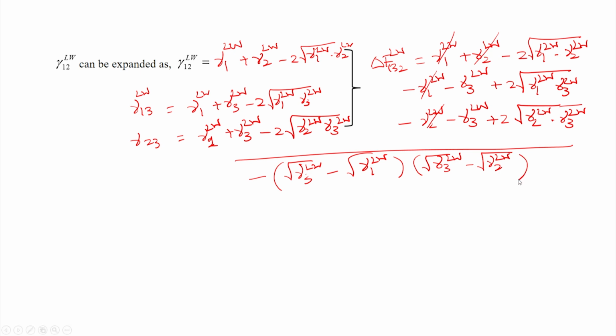I guess I need to have gamma, so this is minus minus plus here, plus is fine, plus minus here is fine. So, 2 here I guess I need. So, here it will be delta F 132 LW, like that.